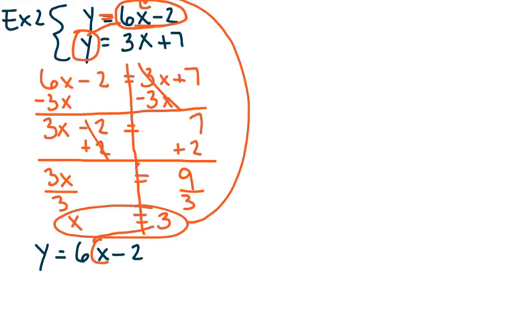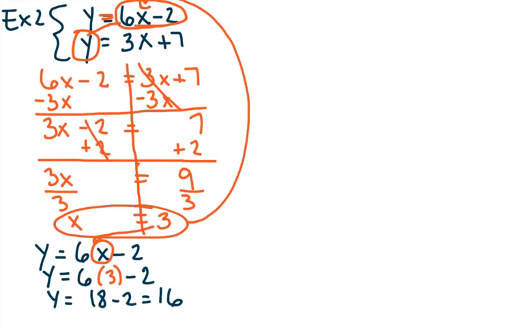So I plug it in for the x value there. So we get y equals 6 times 3 minus 2. I calculate that. That's 18 minus 2, which is 16. So I have found my y value to be 16.